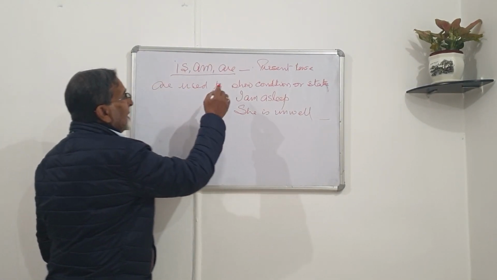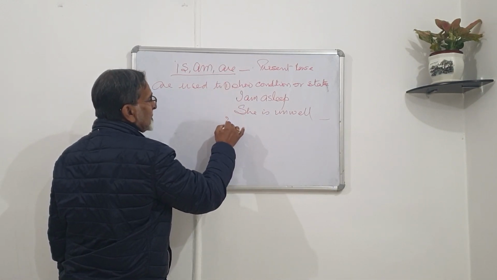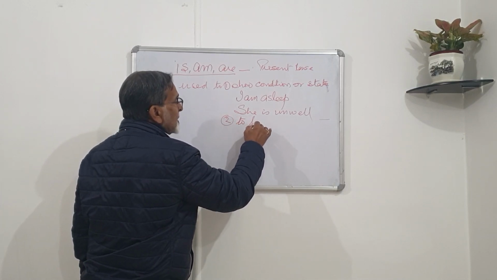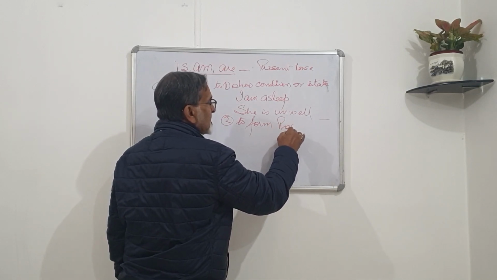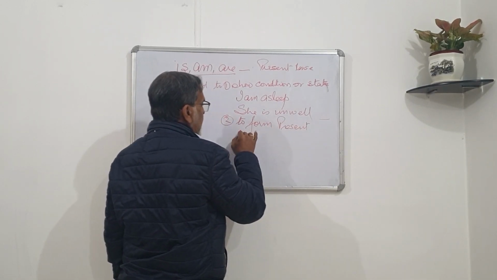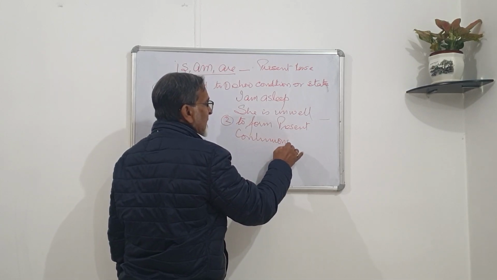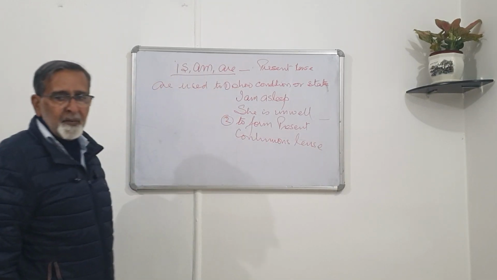And then they are used, number one and number two, to form present continuous tense. Simple.